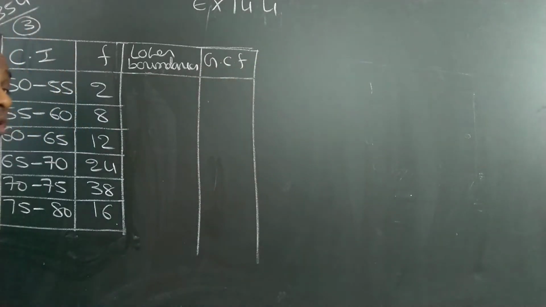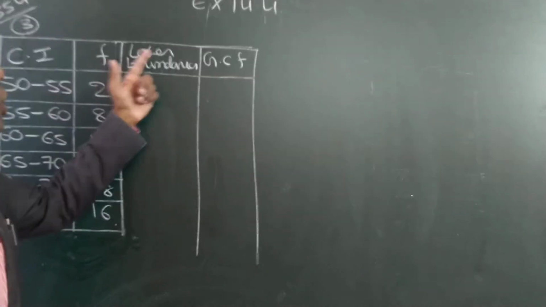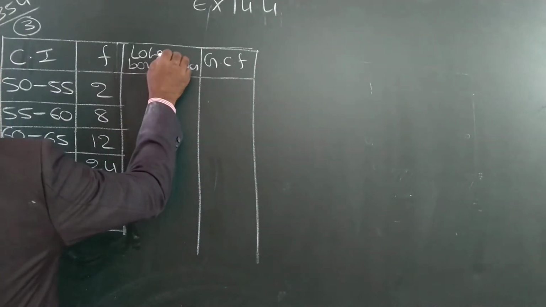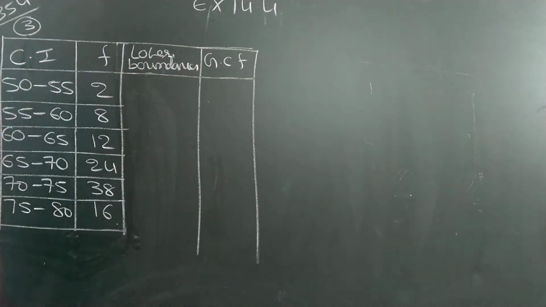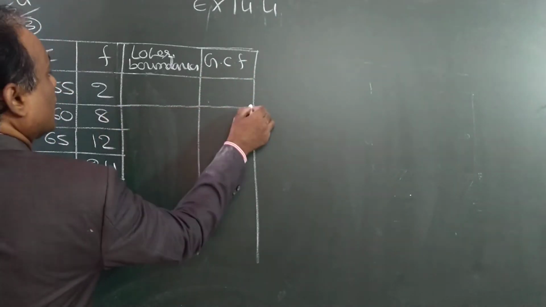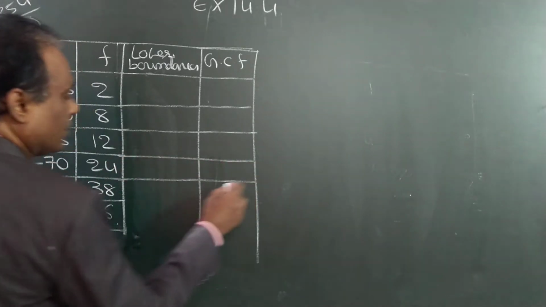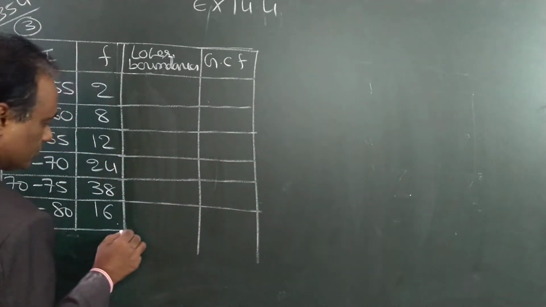You write in full. You have to prepare two more columns. One is lower boundaries, and another is greater than cumulative frequency. These two we have to prepare. After that, let us draw the curve.